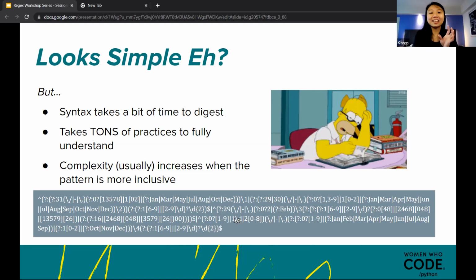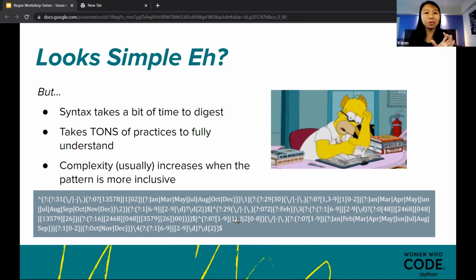So basically, this is trying to find any types of dates in different formats. I just copied it from Stack Overflow. You know how we write the date, it could be month, day, year, or day, month, year, or written in short form, like January as Jan, or 01.